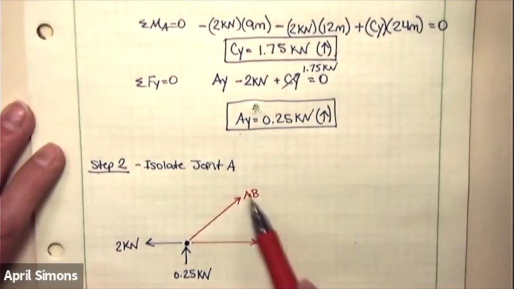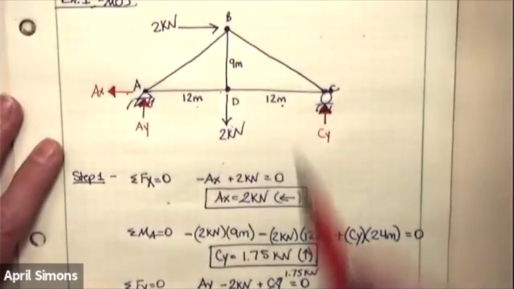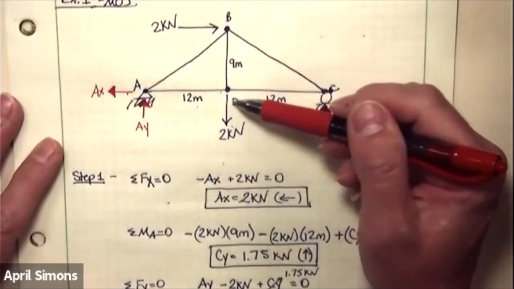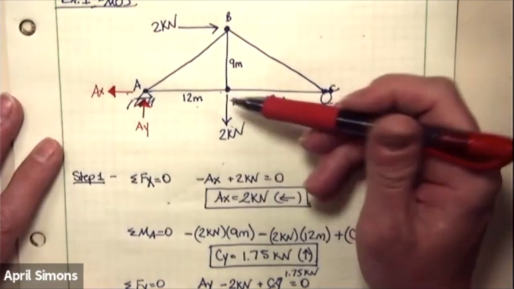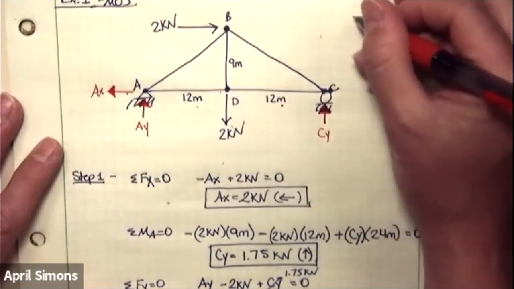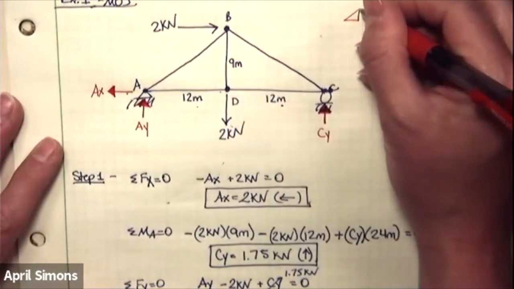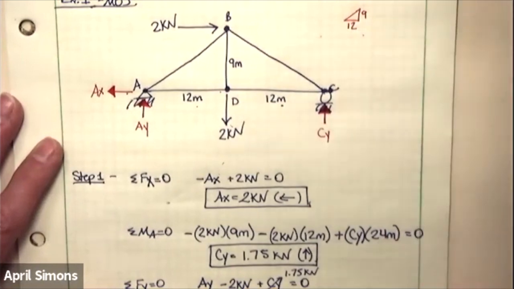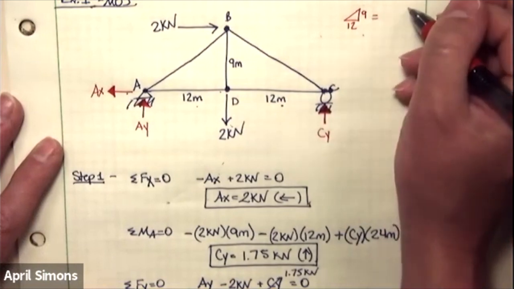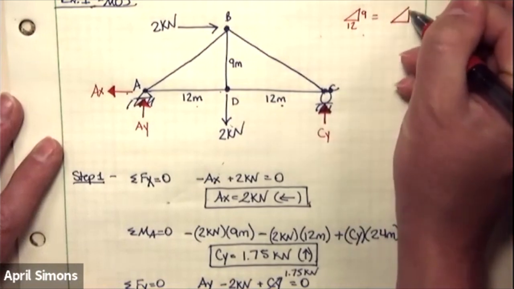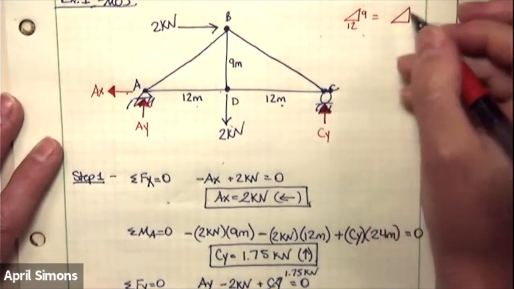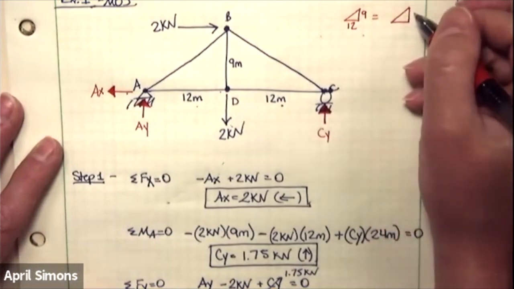Okay, and we're going to need the slope of AB. So looking at this truss, we have 9 meters vertically, 12 meters horizontally. So we have 9 and 12. We can simplify that slope. Those are the actual dimensions, so we can simplify this to get our slope in a more familiar format.